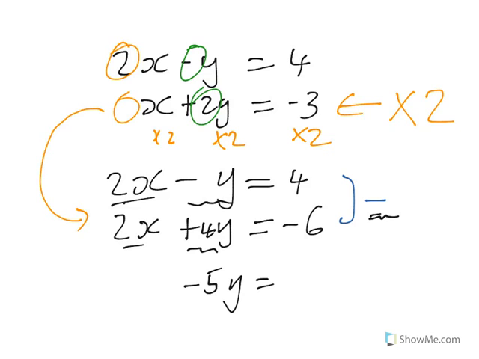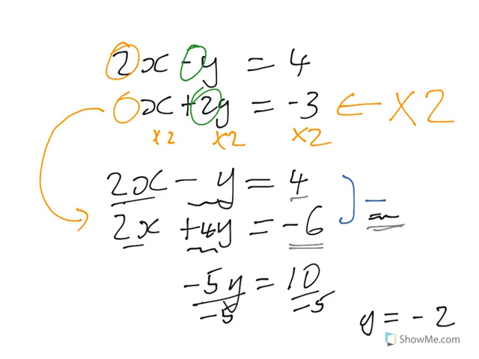Then we've got 4 minus negative 6. The minus negative is plus, so 4 plus 6 is 10. Then when we divide by negative 5 on both sides, y equals negative 2.